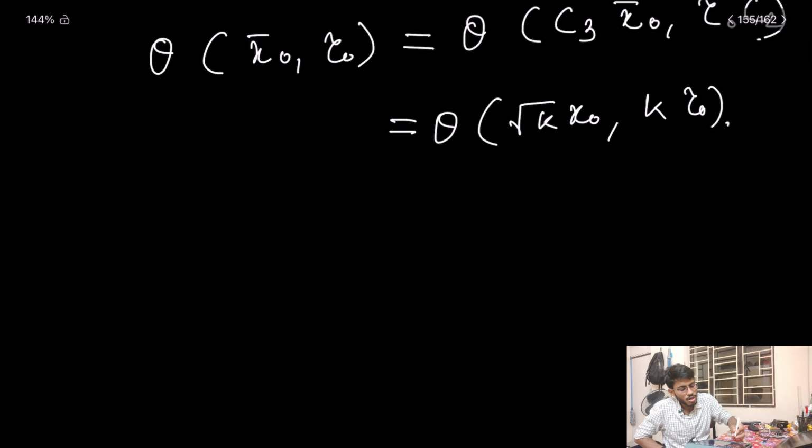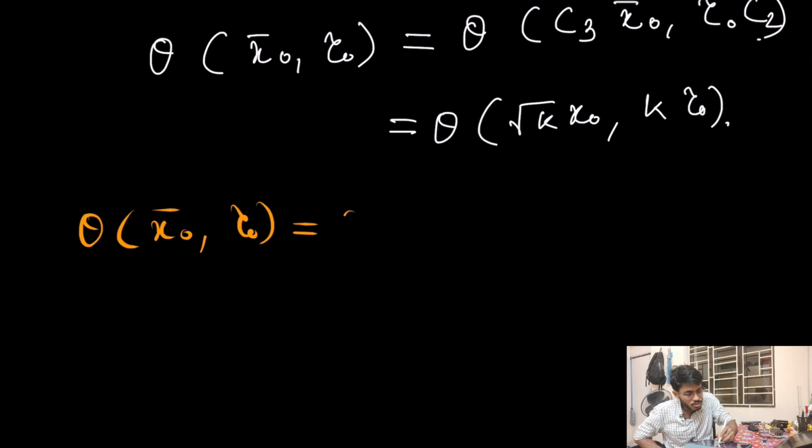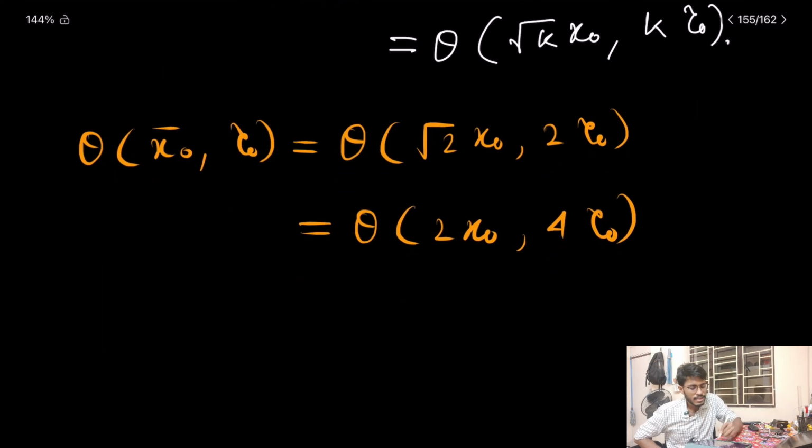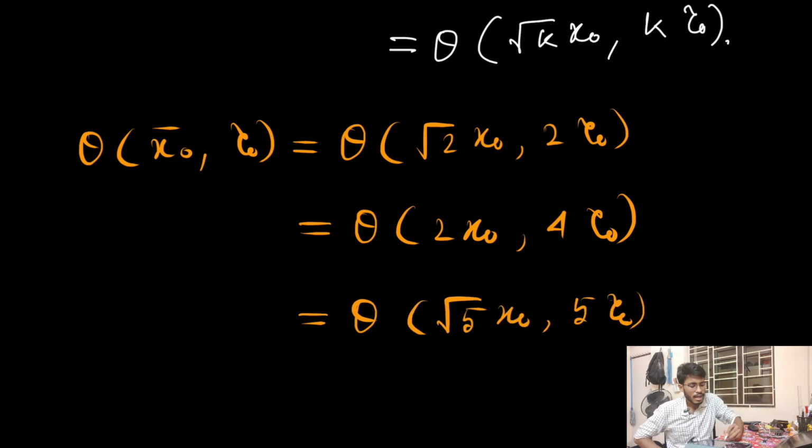So you now can say that my theta at x bar naught tau naught is equal to, take k equal to 2, this will be root 2 x naught comma 2 tau naught. Take k equal to 4, it will be 2x naught comma 4 tau naught. Take k equal to 5, so it will be root 5 x naught comma 5 tau naught, and so on.